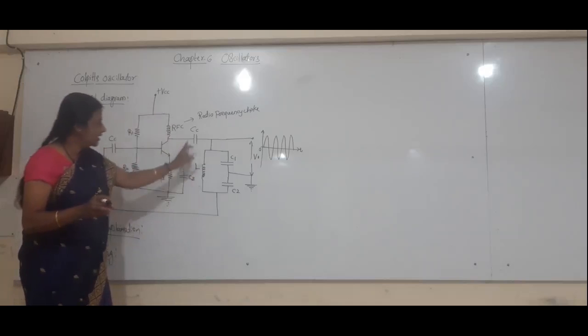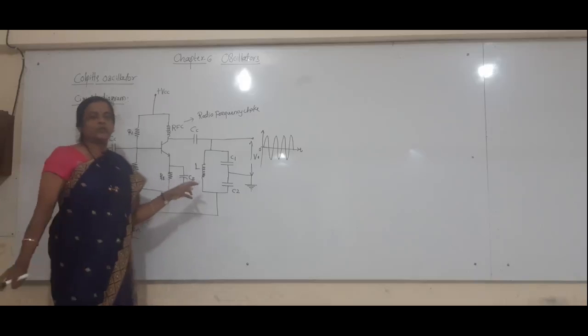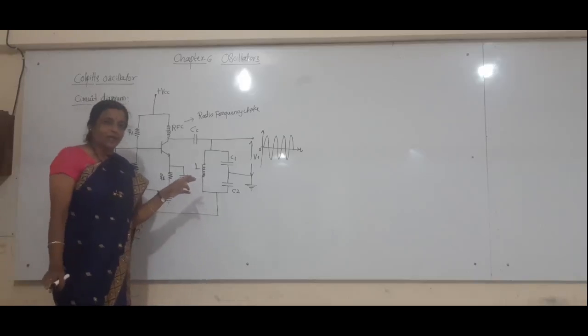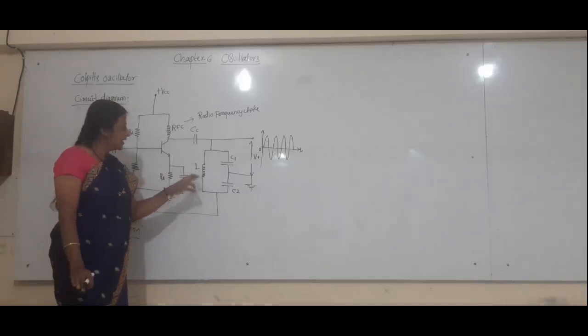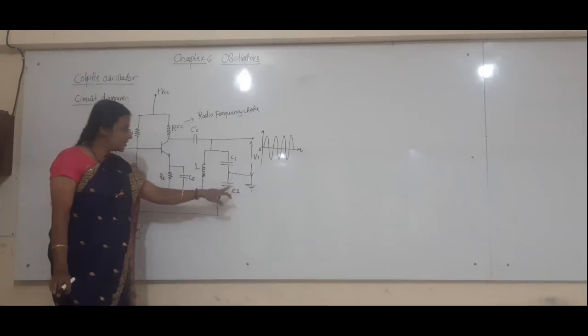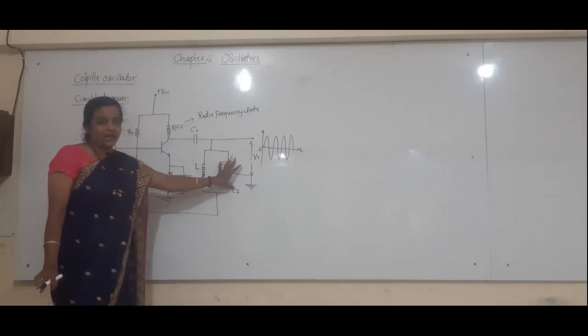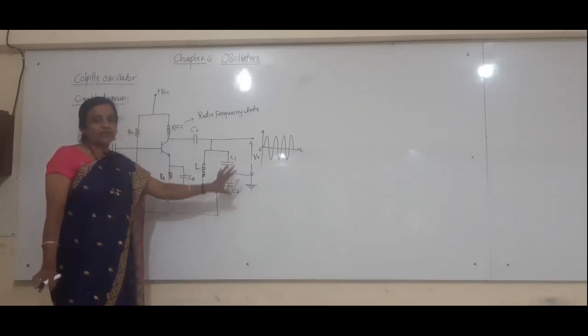Not only that, in this circuit there is also a tank circuit connected. This tank circuit we also call the oscillator circuit. In this oscillator circuit there are two capacitors, C1 and C2. The potentials across these capacitors are 180 degrees out of phase with each other.